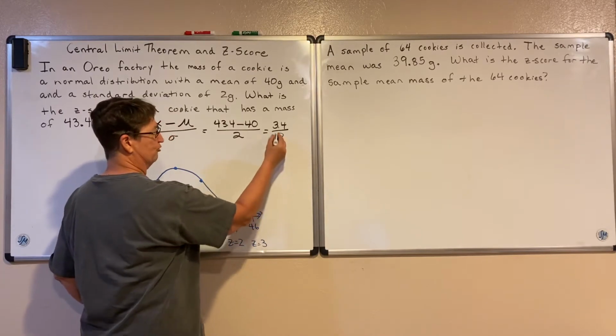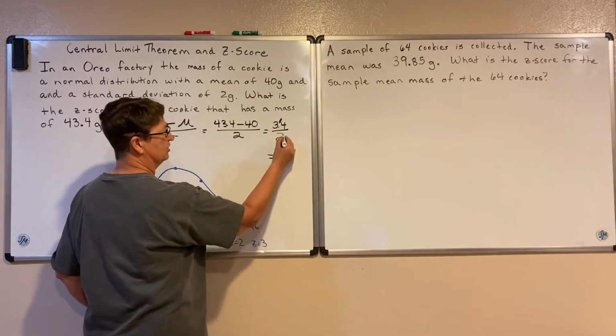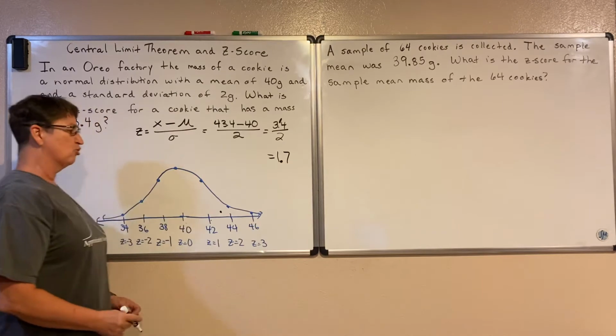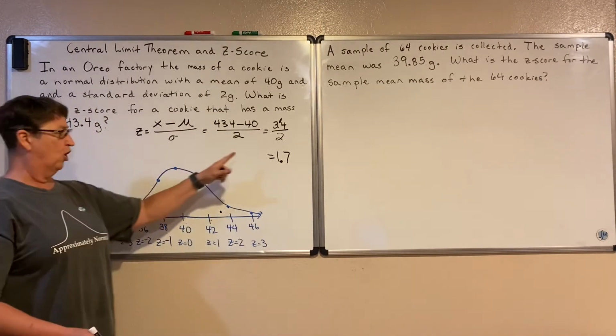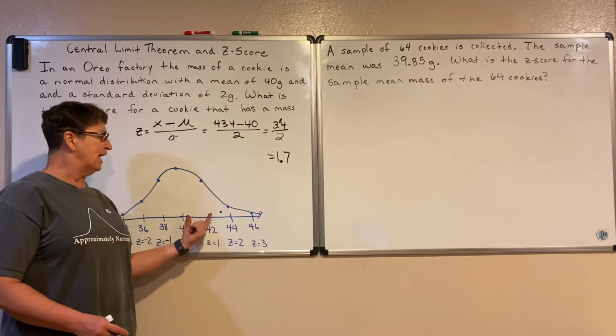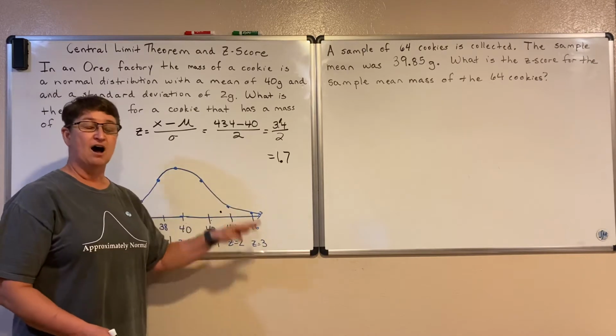Well, 2 goes into 3 one time with 1 left over. My decimal remains. 2 goes into 14 7 times. So the z-score for that particular cookie is 1.7. In other words, this cookie is 1 7/10 standard deviations above average.